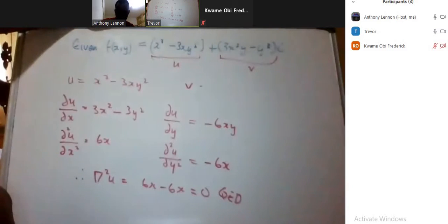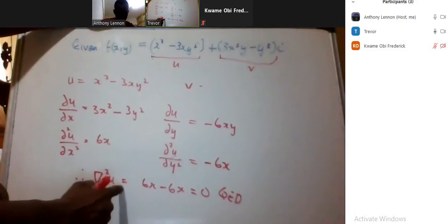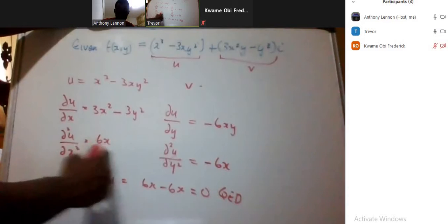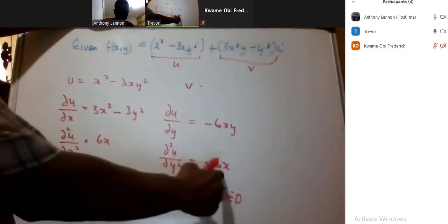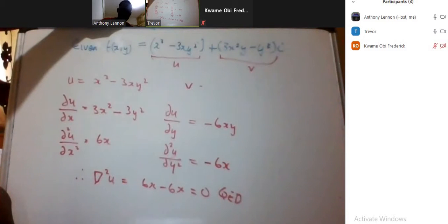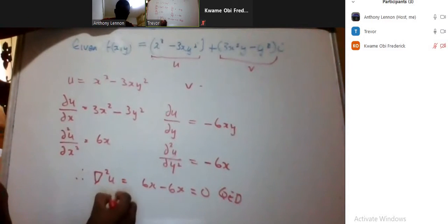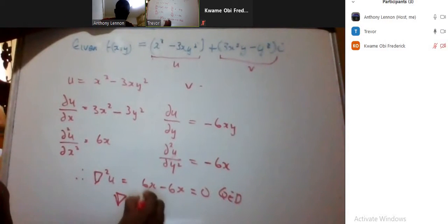Therefore, del squared u is equal to this guy plus this guy is equal to 0. But del there is what? The second partial differential? Yes. The del operator is this guy. You did this in Cal 4.